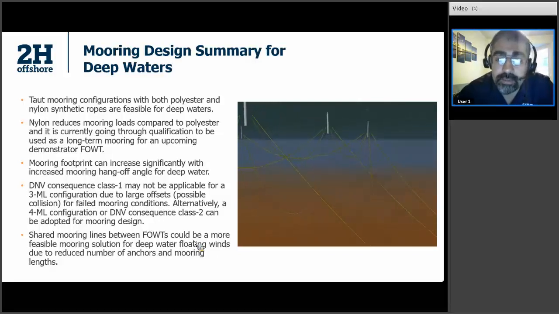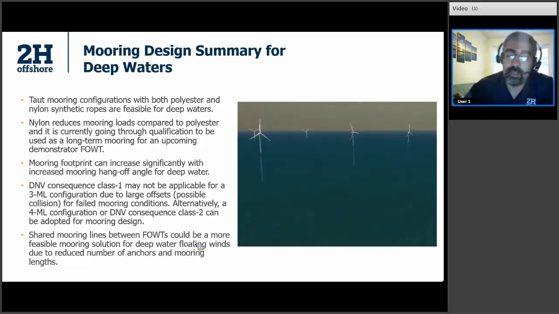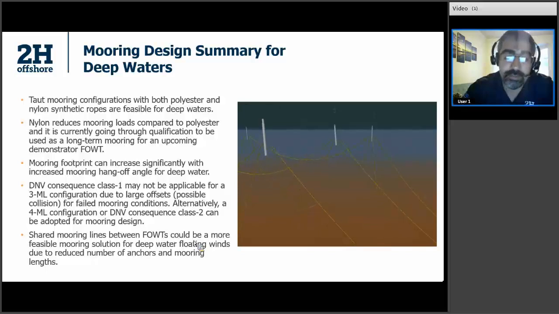As seen on the animation to the right, we can start sharing the mooring lines and also the anchors, and a bigger cost saving will come from the smaller number of anchors. That will reduce installation time as well, and additional saving is from the reduction in the total mooring lengths.